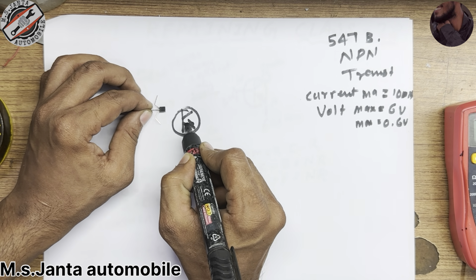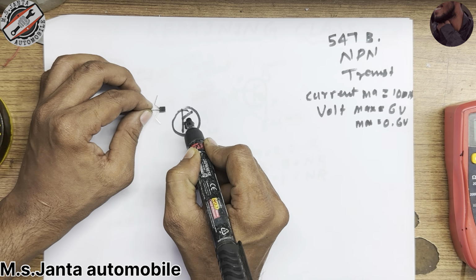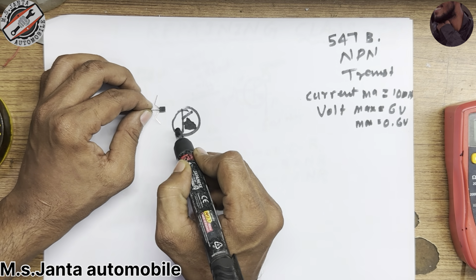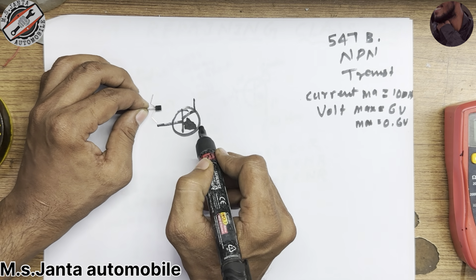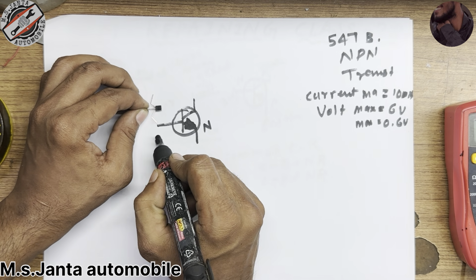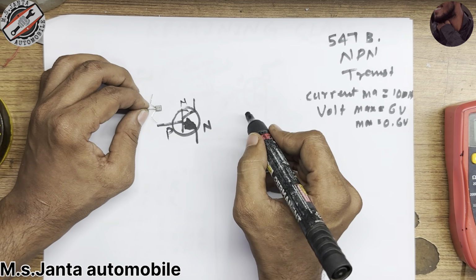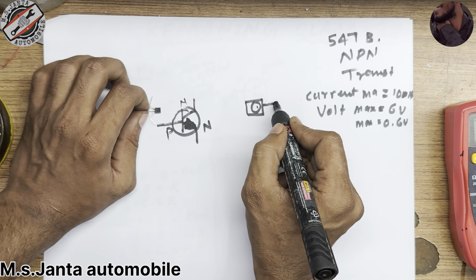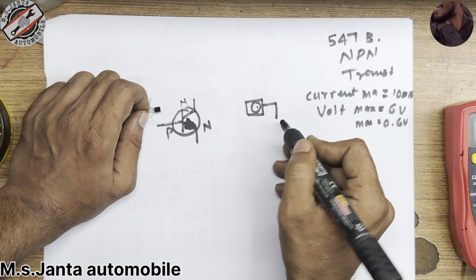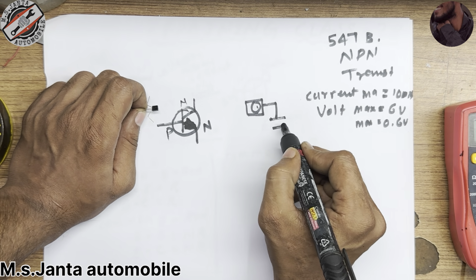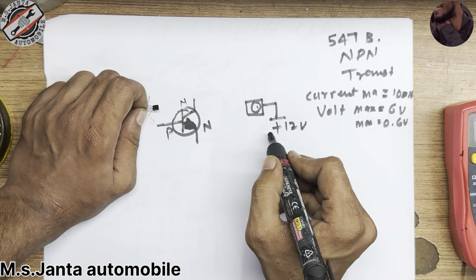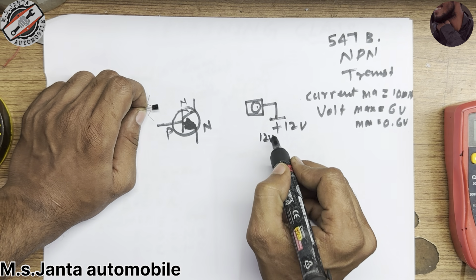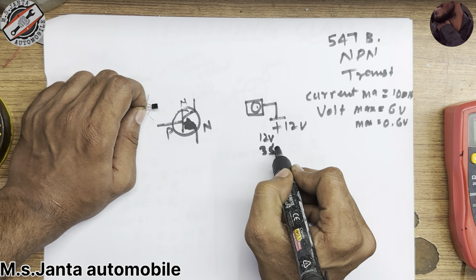Now I will draw a diagram. Sorry, this is an NPN transistor. Okay, this is NPN. Now we have here an LED. Okay, one side of the LED has 12 volt, and this LED works on 12 volt 35 milliampere.